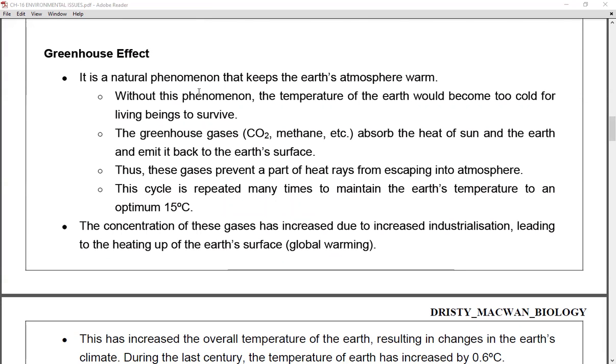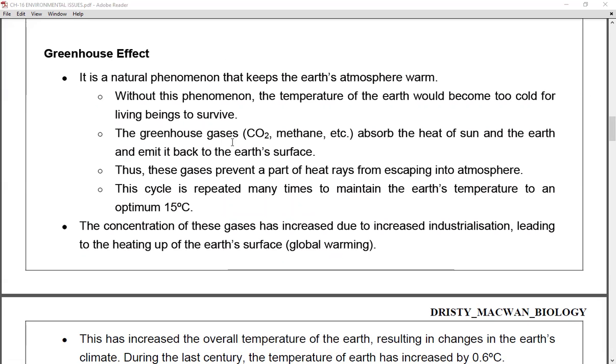If there were no greenhouse effect, the earth would have become so cold that no one could survive here. Thanks to the greenhouse effect, the earth's atmosphere is comparatively quite warm compared to other cold regions, right?